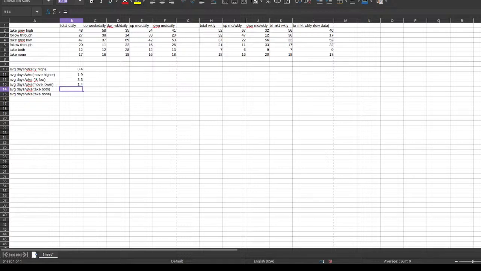How often do we take both sides of the market? 12%, which is 0.12 in this calculator. 0.8. Interesting. And then 17%, 1.2.